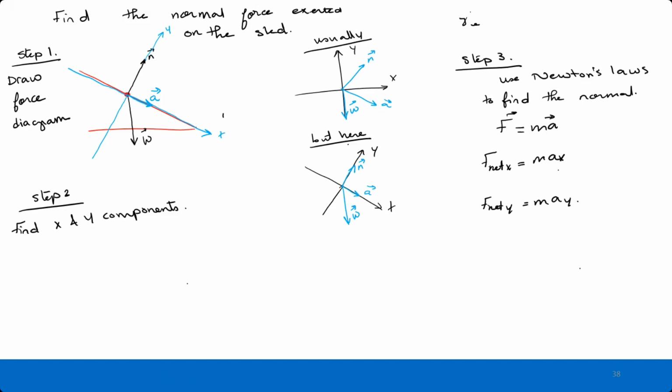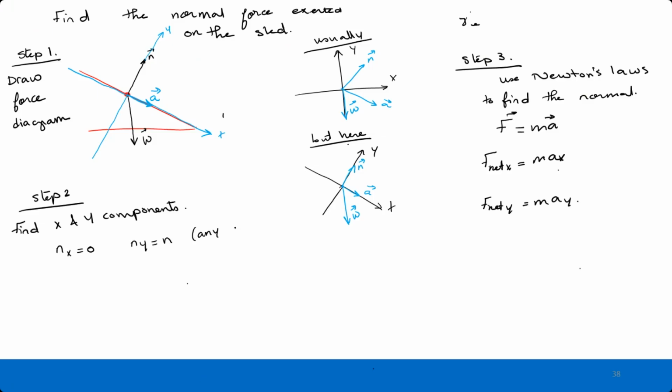Let's get back to step 2 because we really didn't find the x and y components. Once we finish it, we can plug it in Newton's equations here and try to find the normal force, which is what the question is. So to find the x and y components of the forces, I'll look at my force diagram. This is my force diagram, this one or this one. One thing I notice, the normal is along the y-axis, so nx will be 0, and ny will be the normal itself.